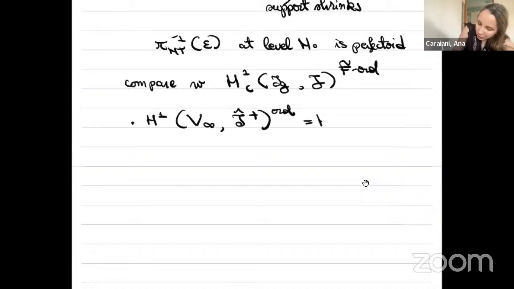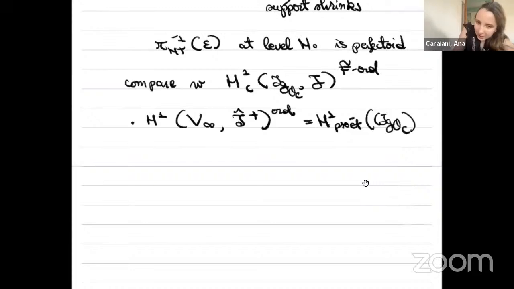And on the other side, H1 of V infinity, I hat plus, ordinary, because the support shrinks, you can identify it with H1 pro-étale of, again, the Igusa variety. And here I should put OC.